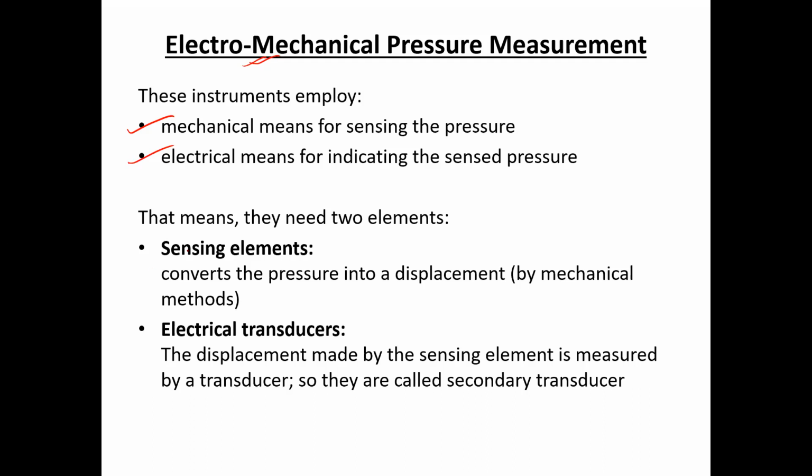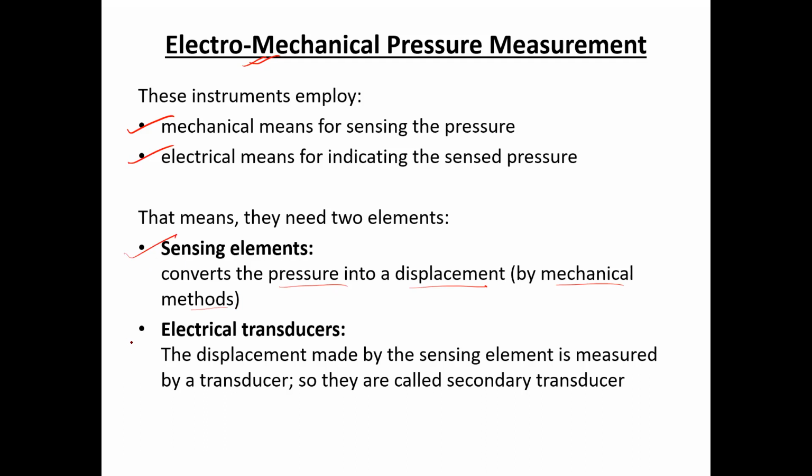This means that there need to be two elements for this sort of sensors. The first one is a primary sensing element, which would convert the pressure into displacement by some mechanical methods or mechanical transducer.